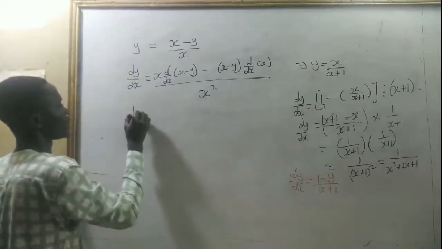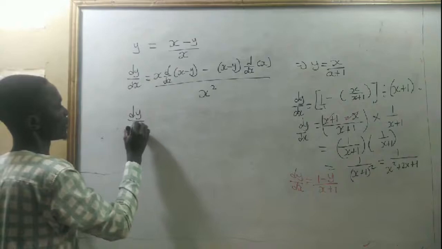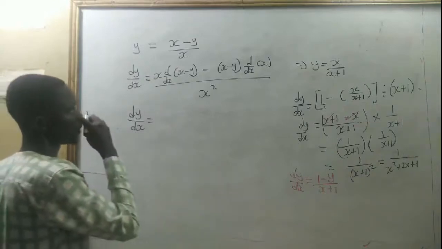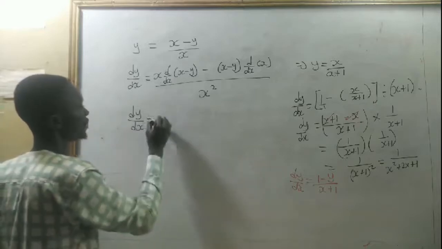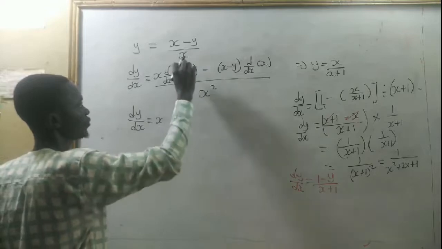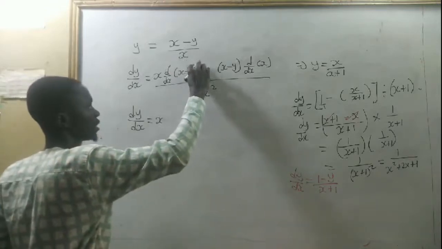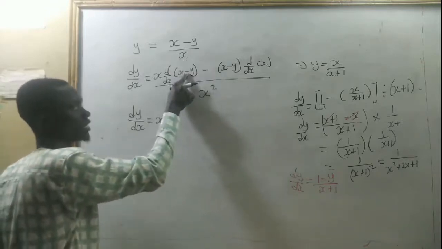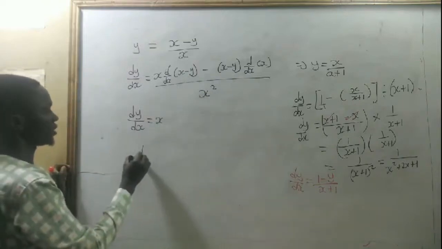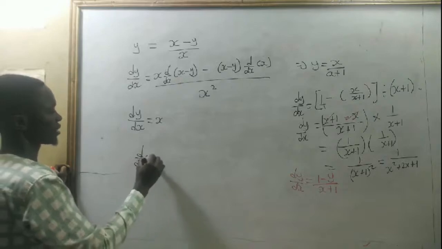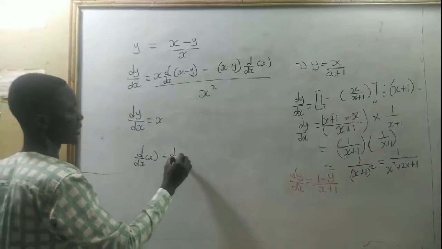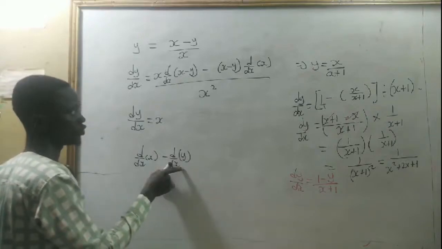So we have the derivative of y with respect to x equal to, so here what do we do? Here we have x, and how do we differentiate this? We have to differentiate it term by term, because the sign here is not multiplication, it is subtraction. So this one will be the same as dx of x minus dx of y.